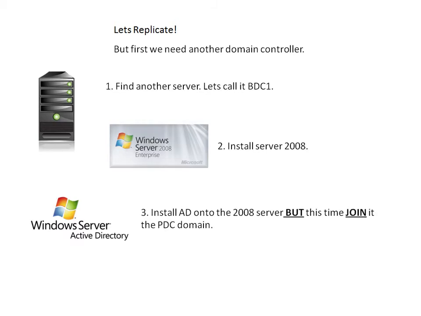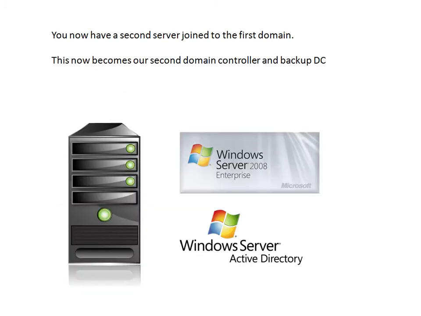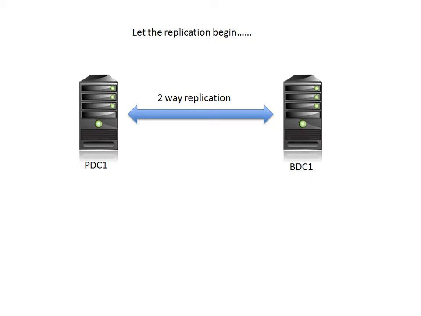Again, we type in DC promo, but this time we don't make a new domain, we join it to the existing domain. So when we get the option, we'll say join to the current virtual domain. So you've now got another server with those three elements installed, and this has become a domain controller, and this is our backup domain controller.